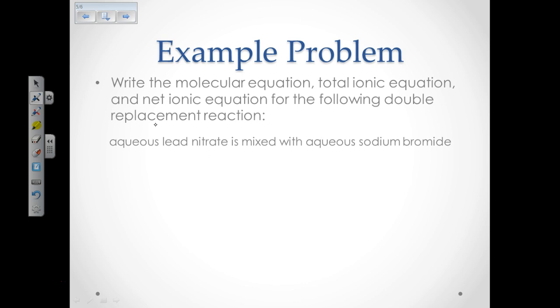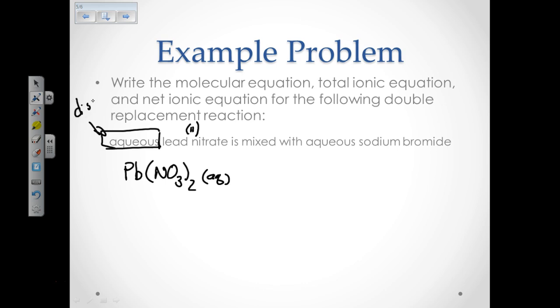This video is not about writing formulas, so I left that off, though it should be lead(II) nitrate, aqueous, Pb(NO3)2. Aqueous is a fancy way of saying that it does dissolve.